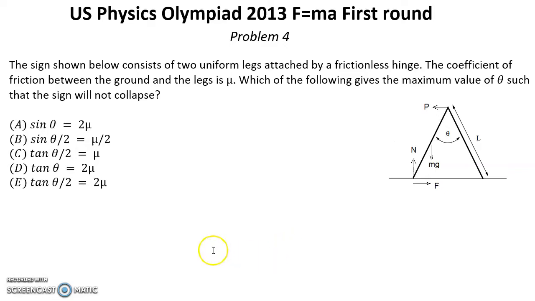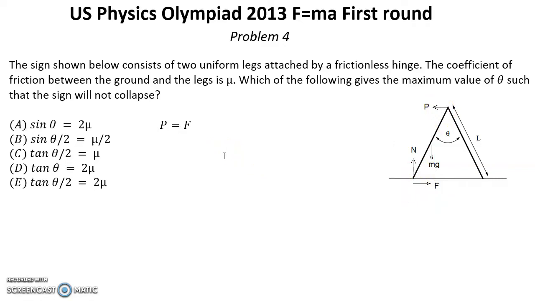In case of static equilibrium, we have to write equations for horizontal, vertical equilibrium and for rotational equilibrium. Let's do it for horizontal equilibrium. For horizontal equilibrium to the left leg, we have to equalize force P to force F, force of friction.